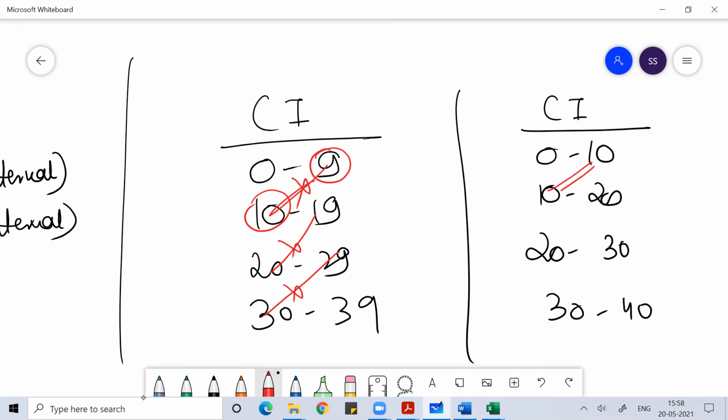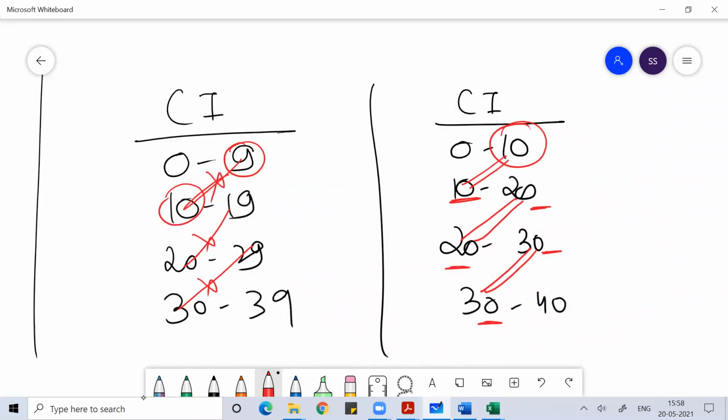In the second case, you can see the upper limit of this is equal to the lower limit of the next. Then this kind of class interval is called a continuous class interval, while this kind is called a discrete class interval, whenever there's a gap.